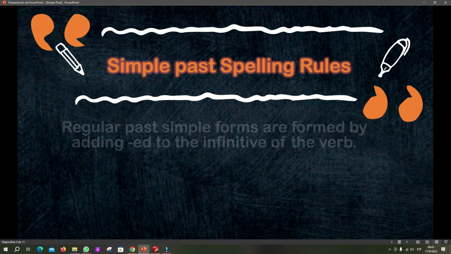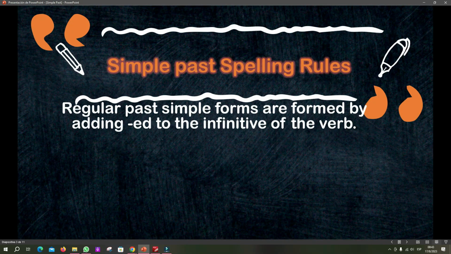Simple past spelling rules. Also, we're going to study the spelling rules of these verbs. Regular past simple forms are formed by adding ed to the infinitive of the verb. For example, start, started. If you notice here, we're going to add ed at the end.